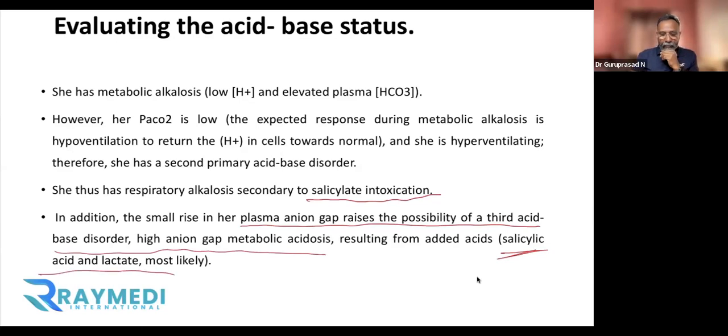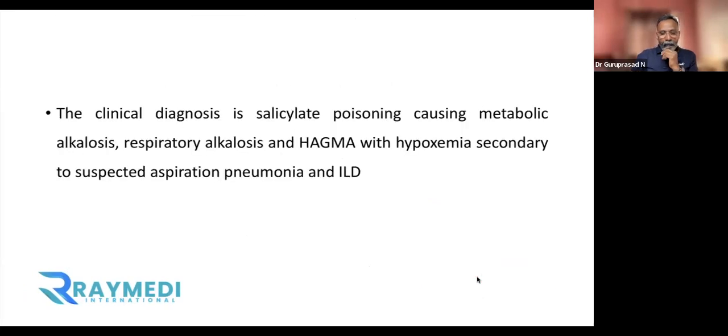In salicylic acid poisoning, you will get a combined high anion gap metabolic acidosis with respiratory alkalosis. So this you have to keep in mind. The alkalosis is basically because of the respiratory alkalosis, and the hypoxemia is because of the ILD in rheumatoid arthritis.